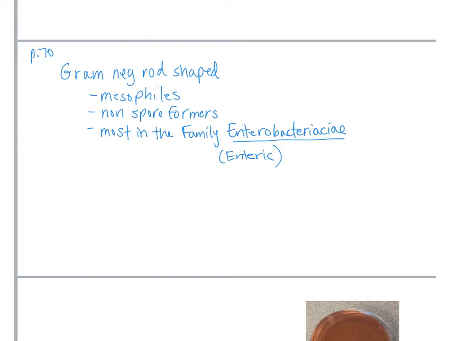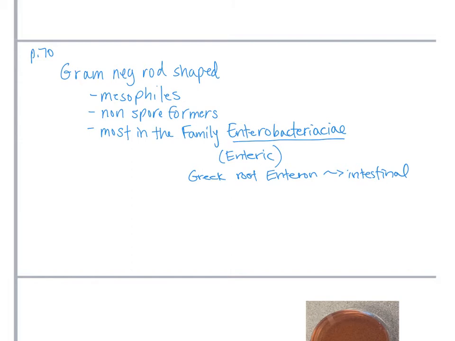Okay, and that is from the Greek root enteron, which means intestinal. So you may have heard of enterotoxins or enteroviruses. That prefix gives you a hint that the business of this organism happens in the intestine.